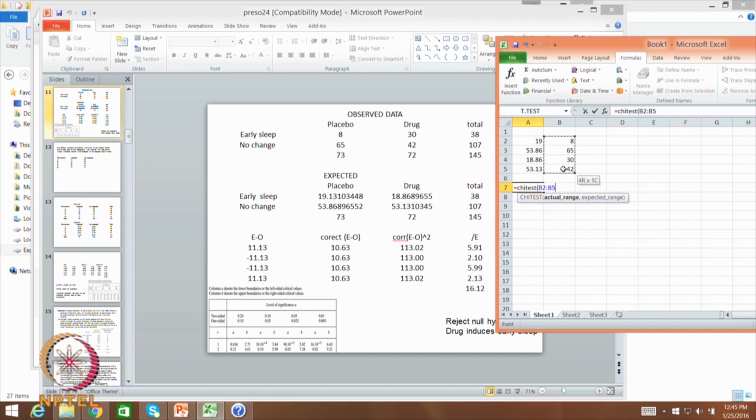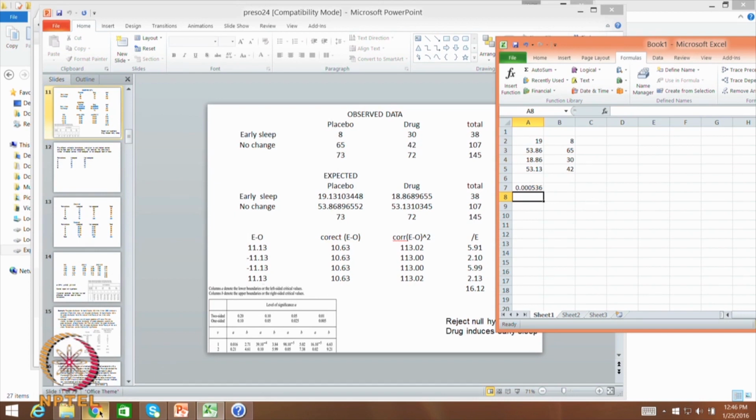Observed is this, the expected is this. I get a very small p value, so I reject the null hypothesis. This is the observed, this is the expected in this particular problem, so we can reject the null hypothesis.